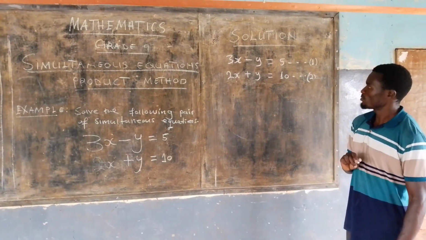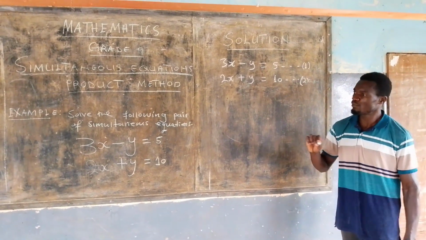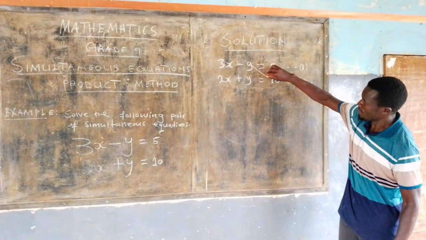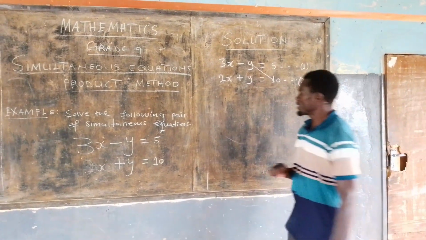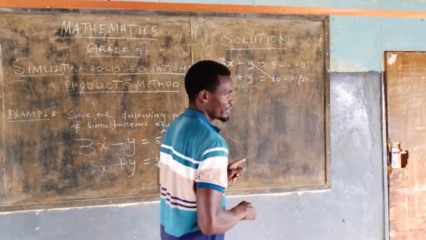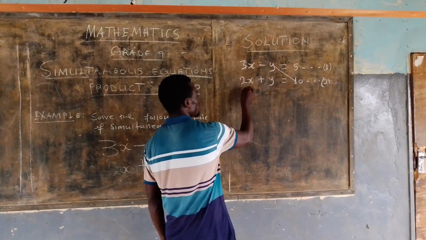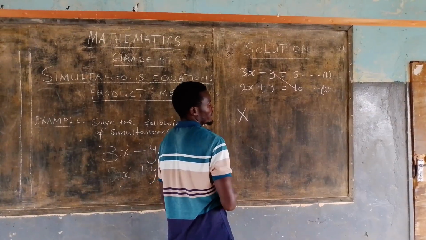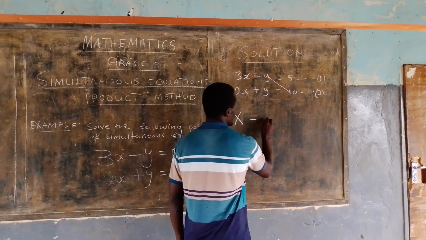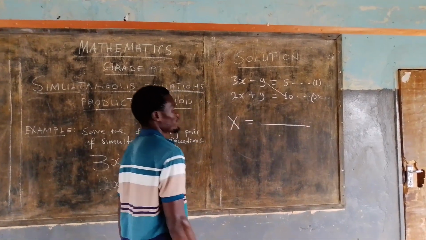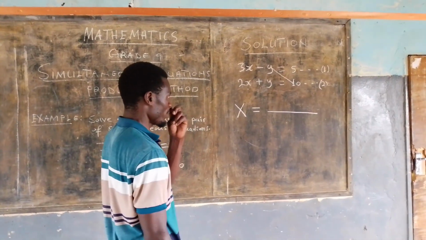The first thing you have to do is see the way I'm formulating the patterns. I've drawn this line here, and as I said earlier, x is coming first, so it means you're solving for x. So x is equal to. The way I've drawn that line is the way you start.